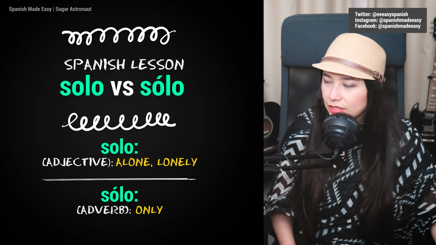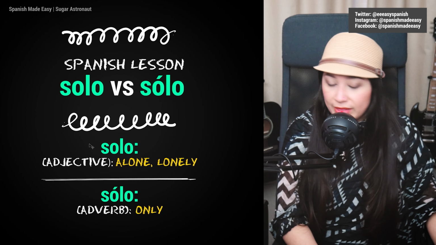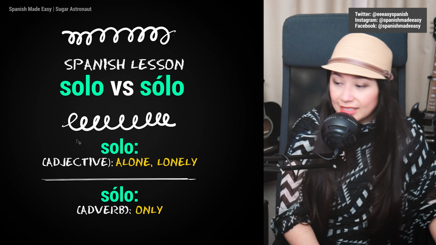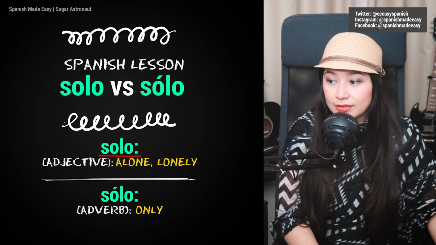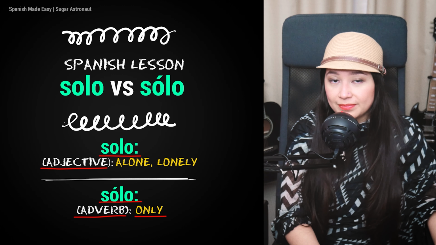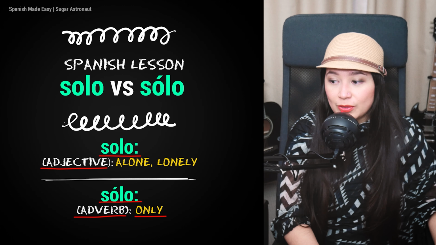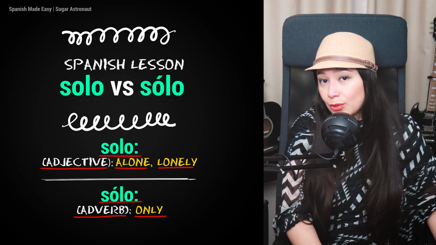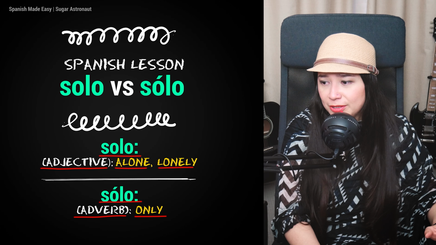So that's quite interesting. Solo without the accent mark means alone and lonely, and it is an adjective. Solo with an accent mark is an adverb and it means only. Okay? Solo, alone, lonely. Solo, only. The pronunciation of these words is pretty much the same. Solo, solo. So don't worry about the pronunciation.